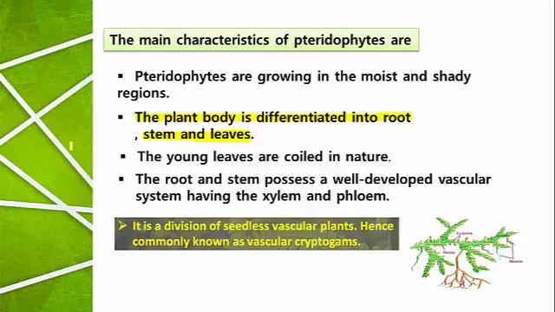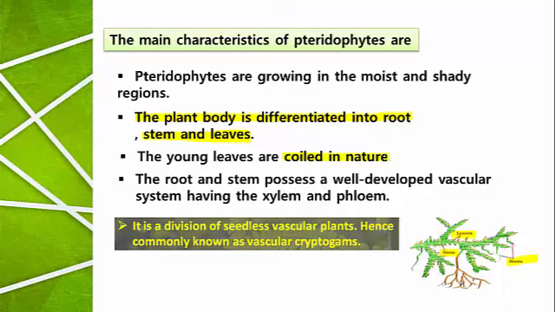But here in pteridophytes, the plant body is differentiated into root, stem and leaves. In the image you can see the plant body consists of roots, it has a stem, and the entire stem is covered by leaves. So differentiation of the plant body into root, stem and leaves is a superior character of the pteridophytes as compared to bryophytes.